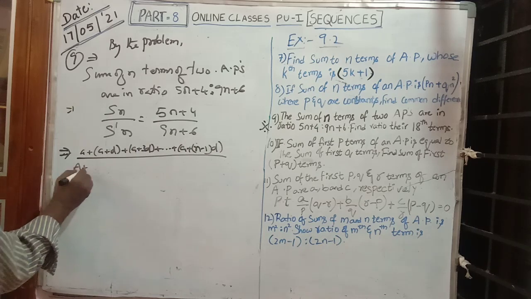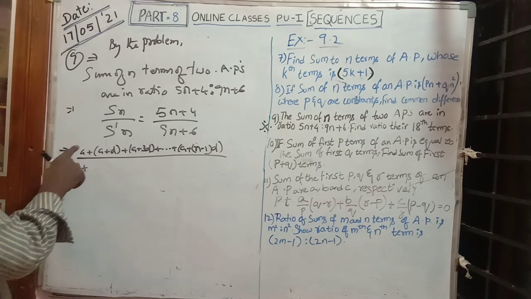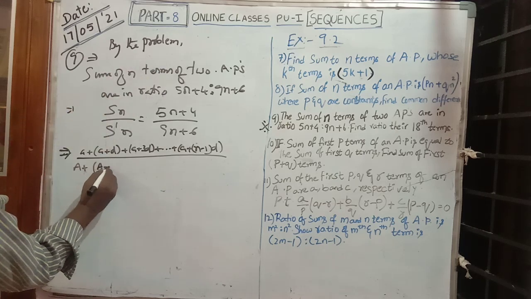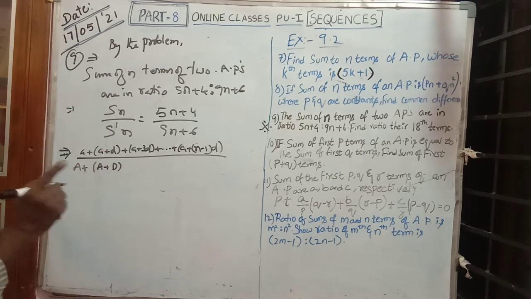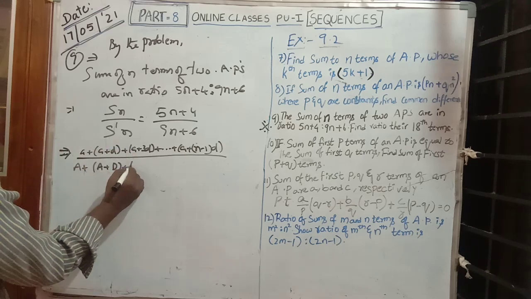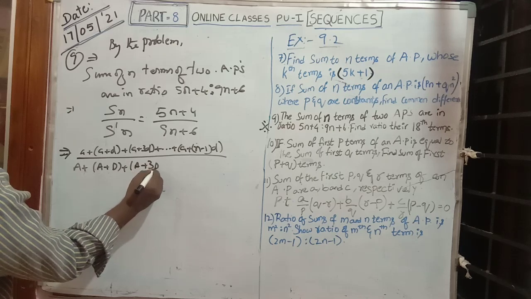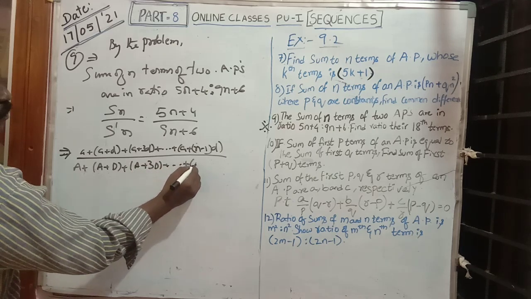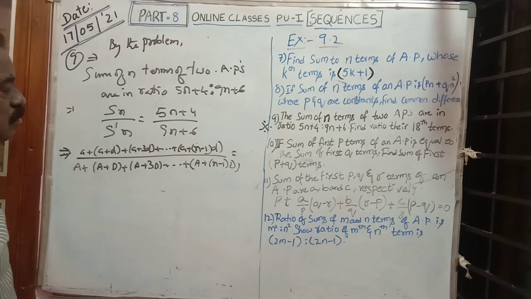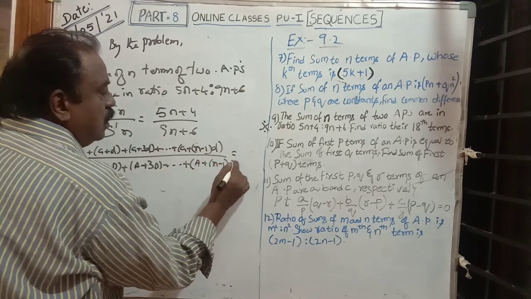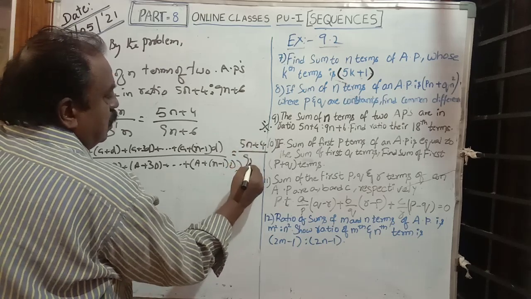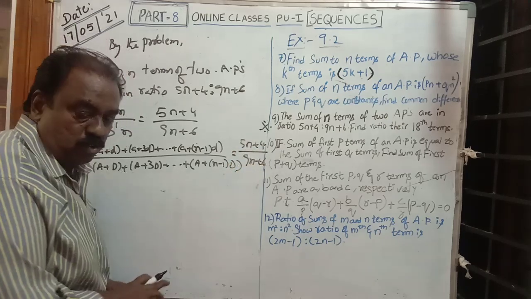I am changing the notation. Capital A is the first term in the second AP, and capital D is the common difference, where small d is the common difference for the first AP. This is for the second AP, going on to A plus n minus 1 into D, equal to 5n plus 4 by 9n plus 6.